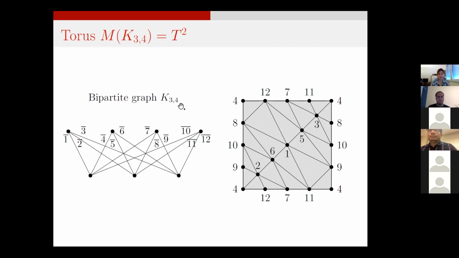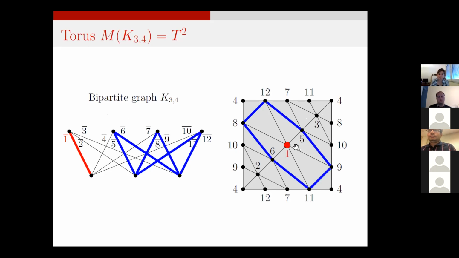So we have K34, and this is the torus. You see the identification of these two edges. You glue them and glue two vertical sides, and that's the torus. And let's look at some vertex. This vertex 1 corresponds to this edge, let's say.